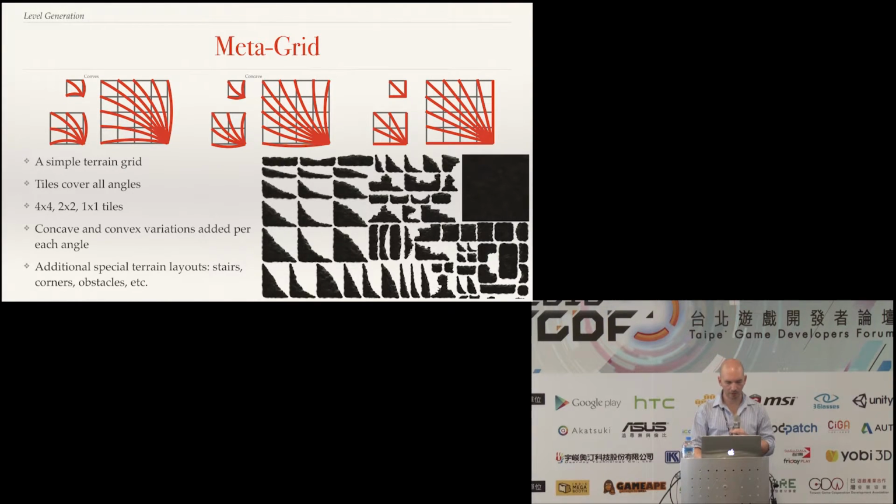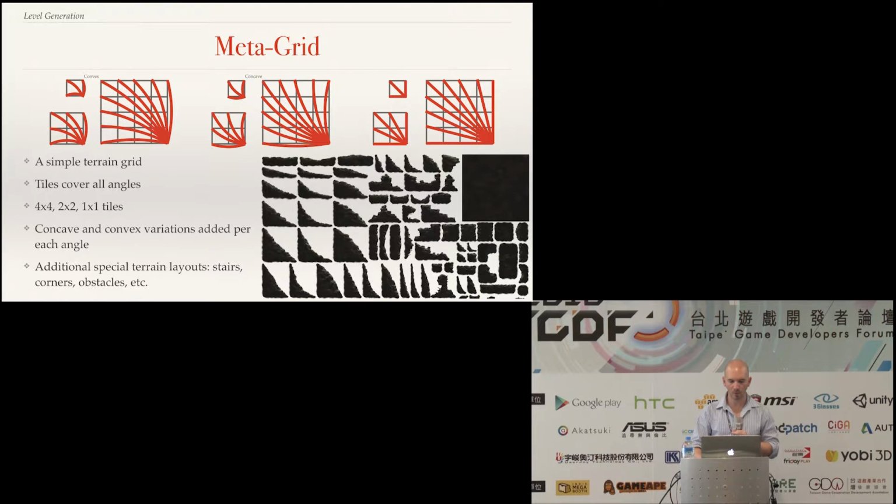And then you add the concave and convex variations of all these angles. So between all these different elements and some additional one-offs, like all these obstacles that we have, like staircases and corners, we can combine this into infinite options for level design.